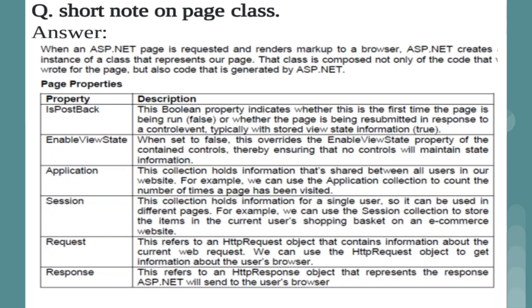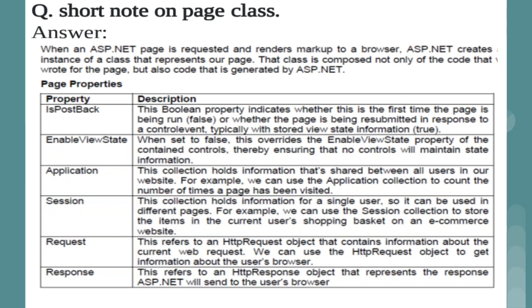Then if you run the same web page again after adding some more content, that particular page was already loaded the first time and you are sending a request to reload it. You get that information with the help of the IsPostBack property, which lets you find out whether the page is being run for the first time or has already been run.